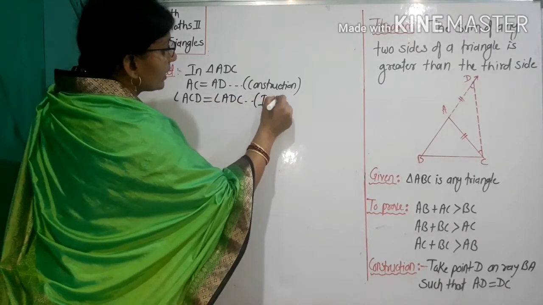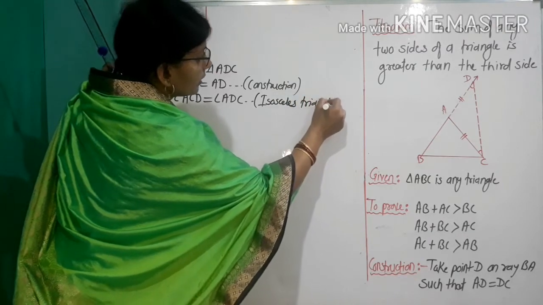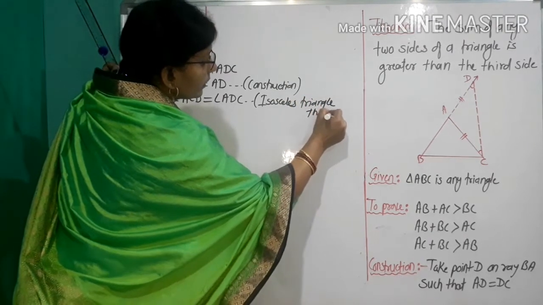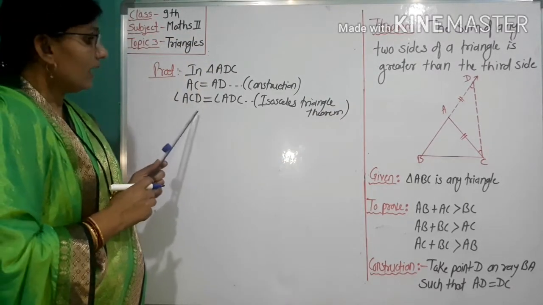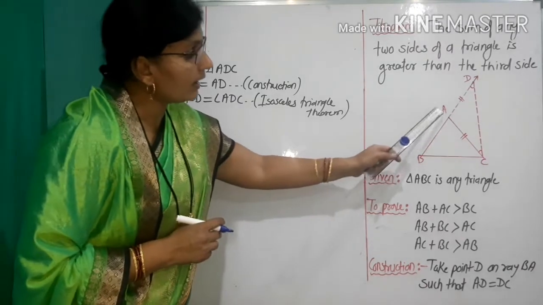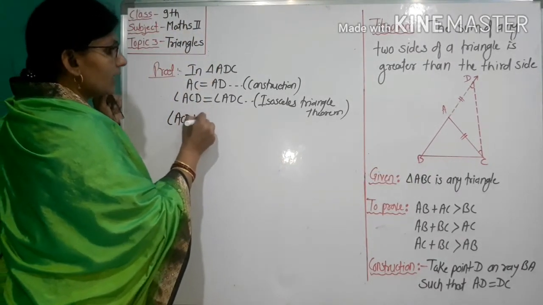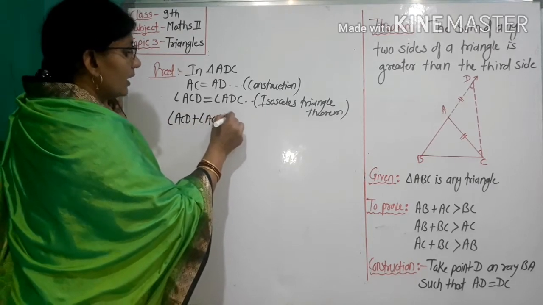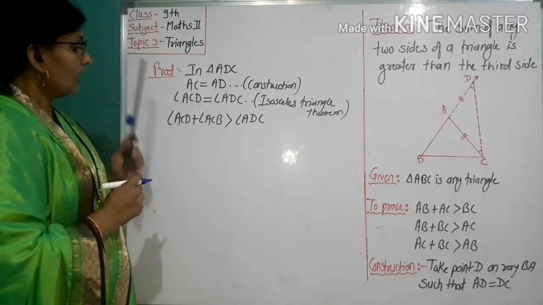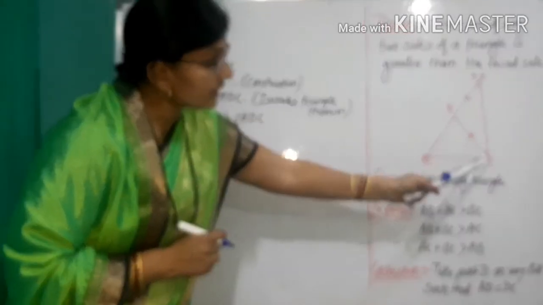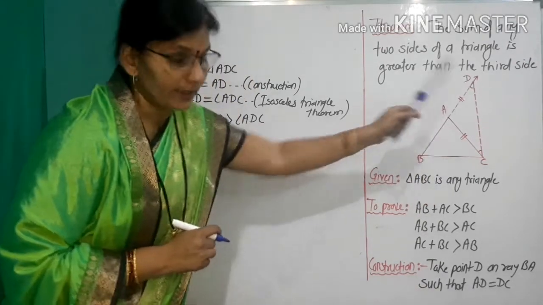Reason: isosceles triangle theorem. On the LHS, add angle ACB, that is, angle ACD plus angle ACB is greater than angle ADC. From the figure, this ACD plus ACB means angle BCD.